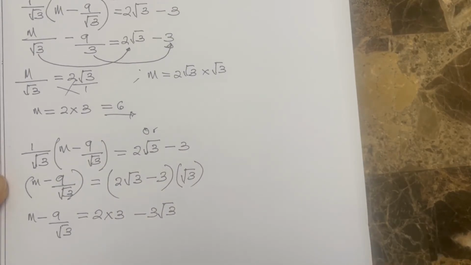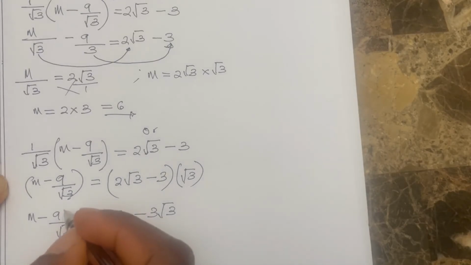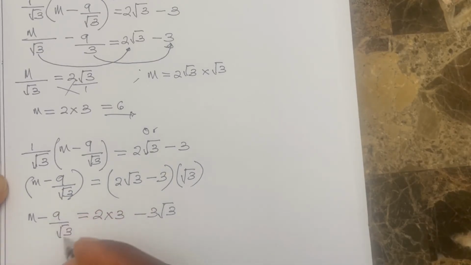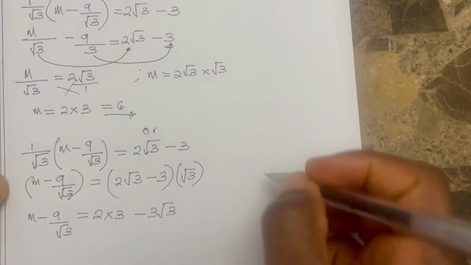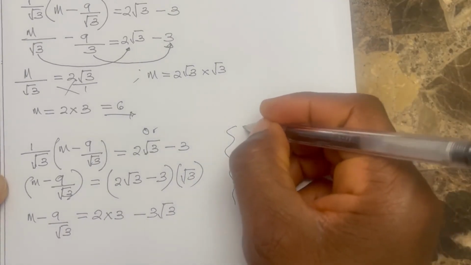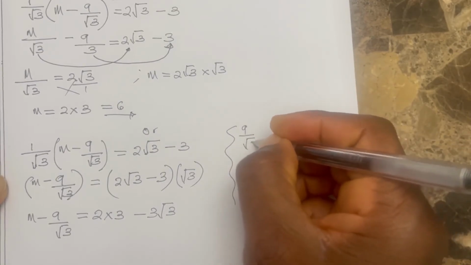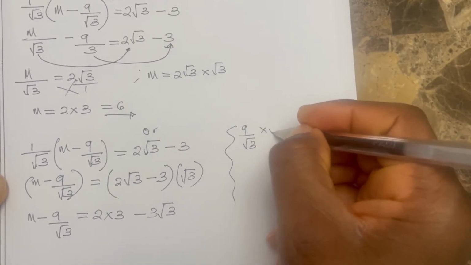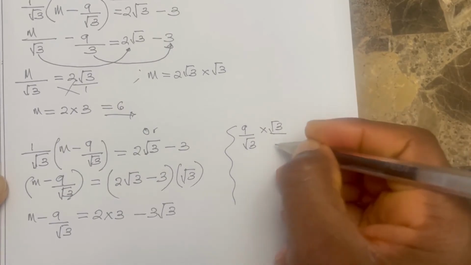I'm not sure yet if these two are equal. So I can bring out just 9 over root 3 and do some small interesting work here. If you rationalize 9 over root 3, that'll be times root 3 over root 3.